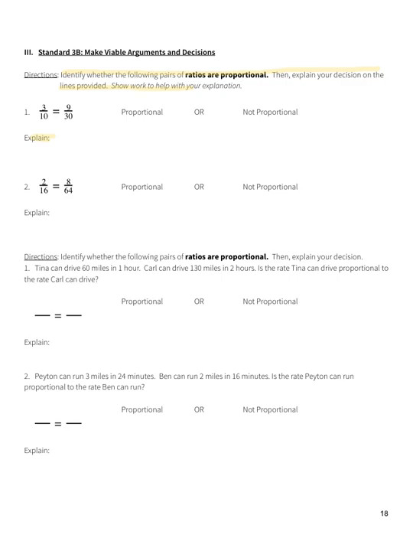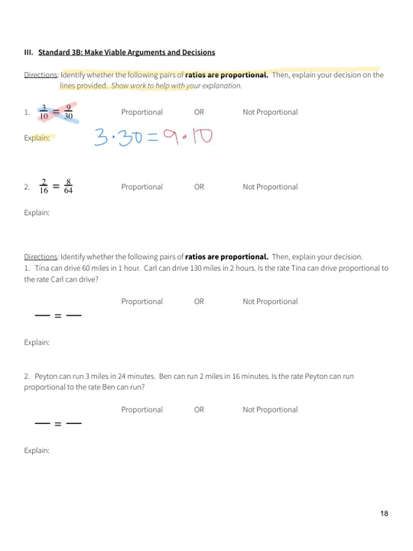So I will do the first one for you. Remember, to determine if a ratio is proportional or not, we do cross multiplication. So we have 3 times 30 on one side, and that should equal 9 times 10.